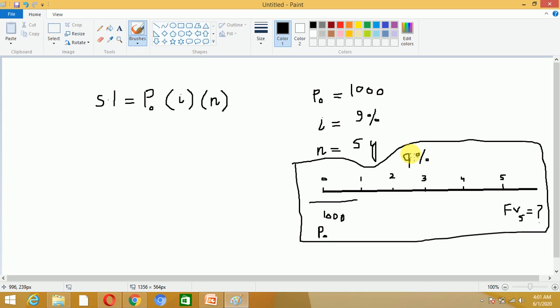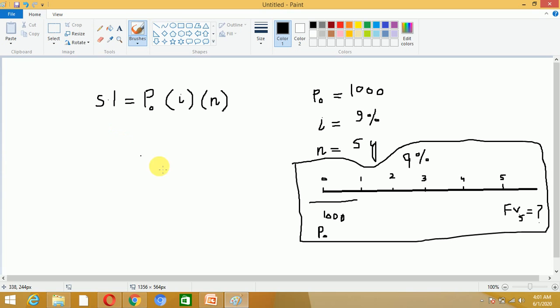This is the rate of interest, and this is the future value. We will calculate the future value here. On this timeline we are showing the rate of interest, the present value, and the number of periods, the time period.